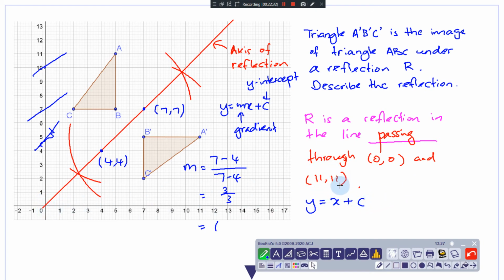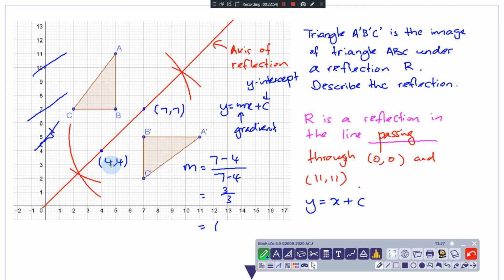Let's say if you don't know, you want to find it, then we can use any point that lies on this straight line to help us get the c. That's why just now I told you that to find the equation of a straight line, we need gradient and 1 point. Now we have found the gradient. The next thing is to get 1 point, substitute into this equation to help us get the c.